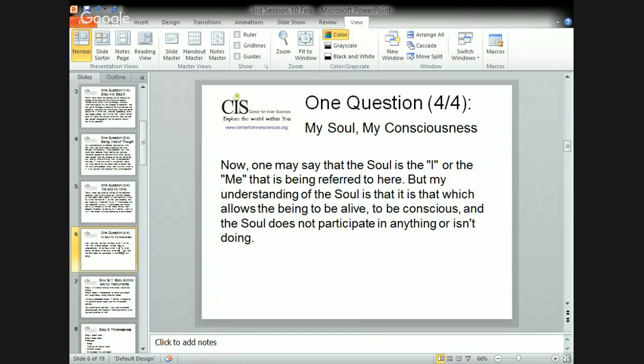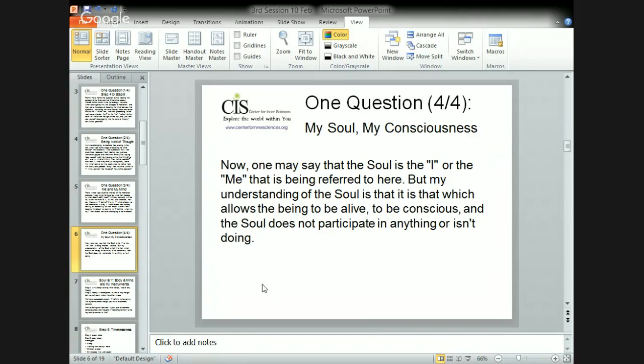So now he comes back in his last statement that indeed my soul is my consciousness. So then he says, now one may say that the soul is the I or the me that is being referred to here. But my understanding of the soul is that it is that which allows the being to be alive. When my soul is in the system, I am full of life, I am alive.